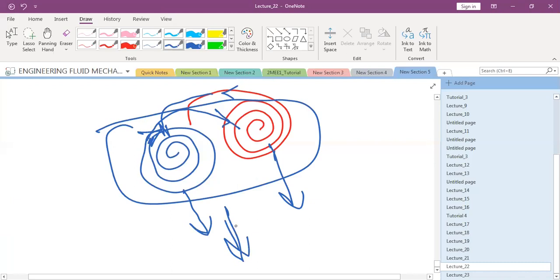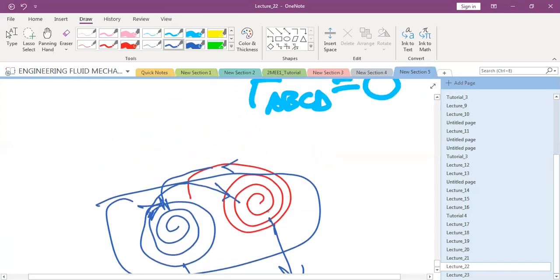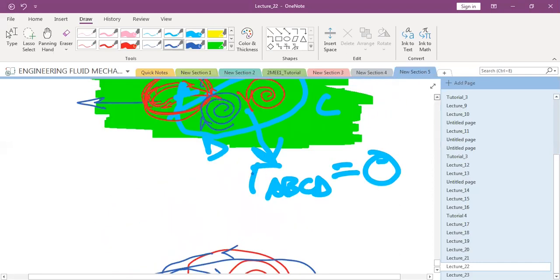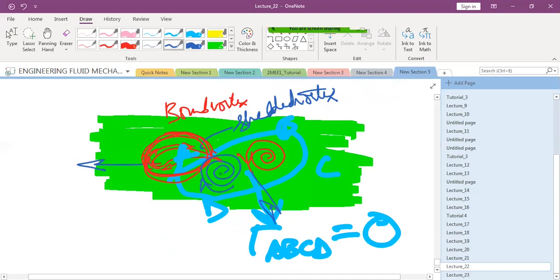So this is a very peculiar phenomenon in which both the shed vortices are moving in one direction, and the reason for that is the circulation of one helps the other to convect and the circulation of the other helps the first one to convect. So both of them are convected away in this fashion. That is this, and this will be convected in this direction. And the circulation will again remain zero.